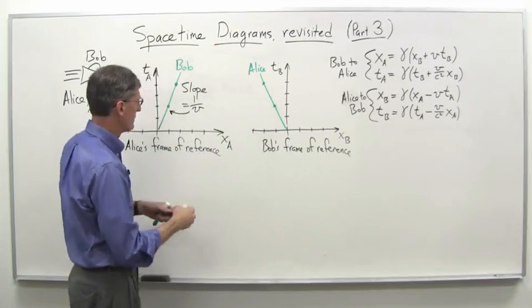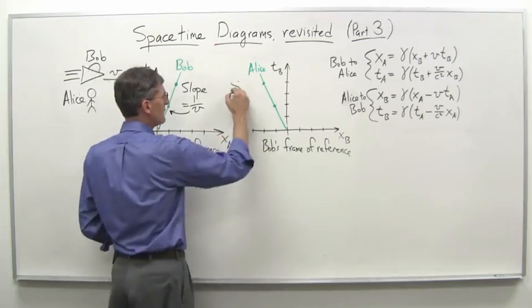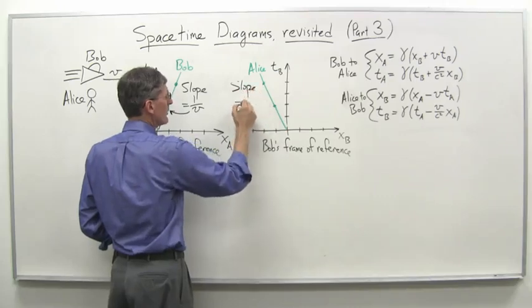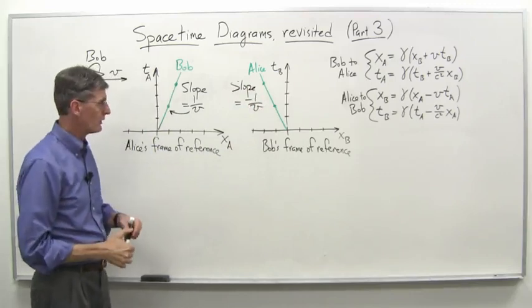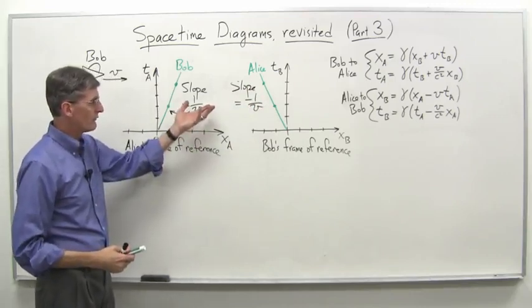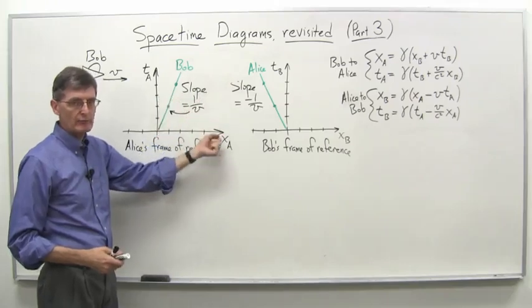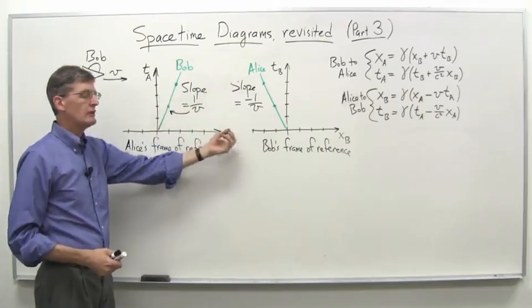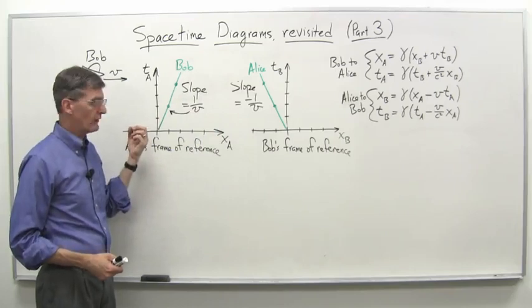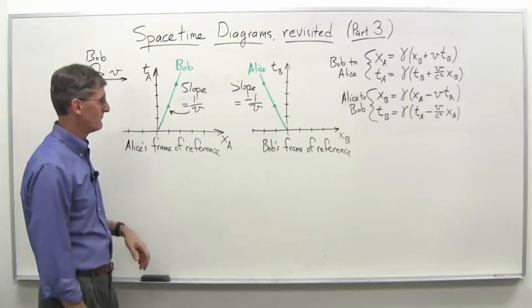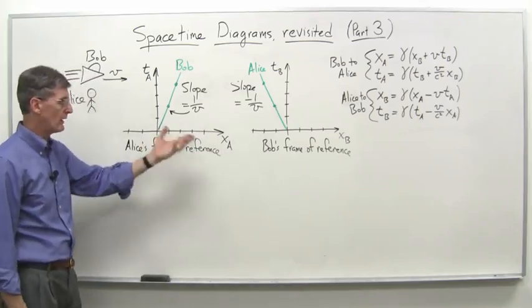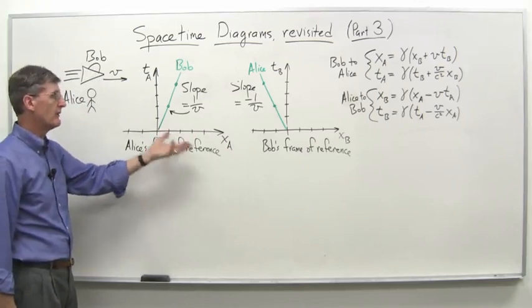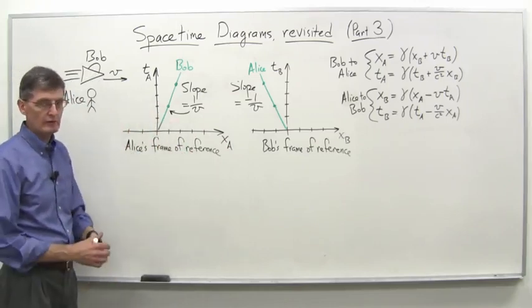So the slope here is -1 over v. It's sloping downward. Essentially Alice is going at -0.5 the speed of light to the left as far as Bob is concerned. So we can see there's a symmetrical situation there. That's how Bob sees Alice in his frame of reference, and that's how Alice sees Bob in her frame of reference.